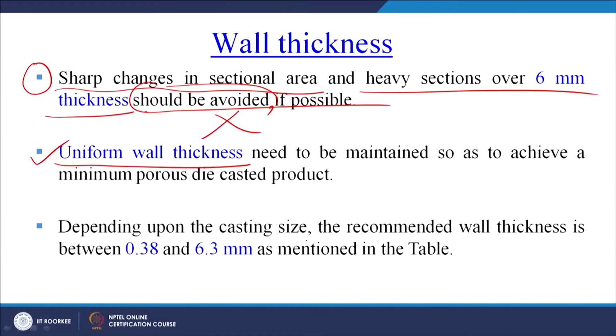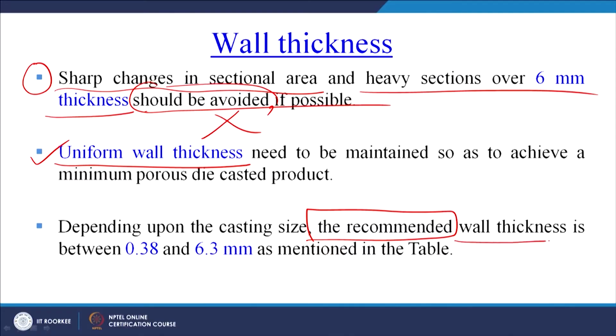Depending upon the casting size, there are already recommendations which we must follow, but most of the time the product designers do not have access to or information about these types of recommendations. So the course is planned with this type of information, so that the designers can access it.